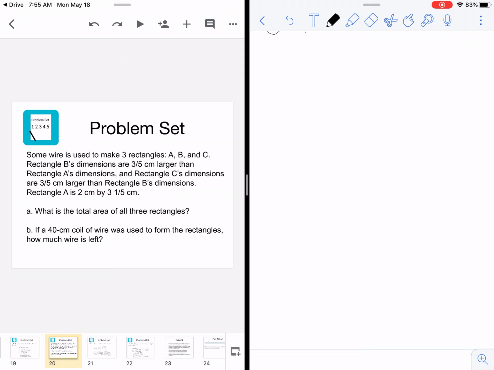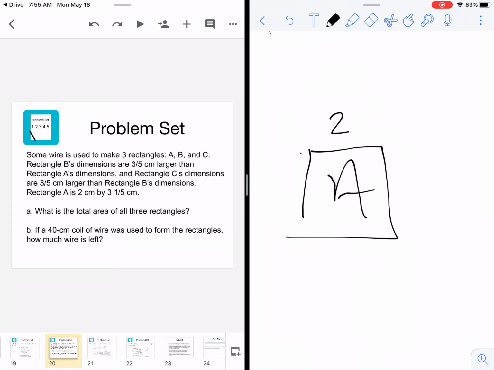So we have rectangle A, which we said was 2 by 3 and 1/5.